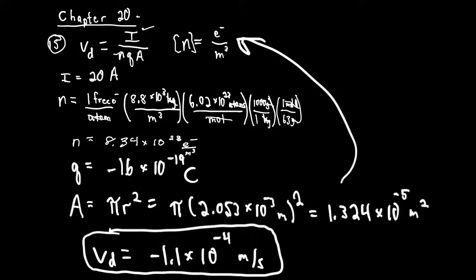Are electrons moving very quickly down this wire then? Is that a big speed? Negative 1.1 times 10 to the negative 4 meters per second. Is that fast? That's really slow. Does that make sense? Electrons are moving really, really slow down a wire. How do we know that that doesn't make sense? Where do I see electrons flowing?